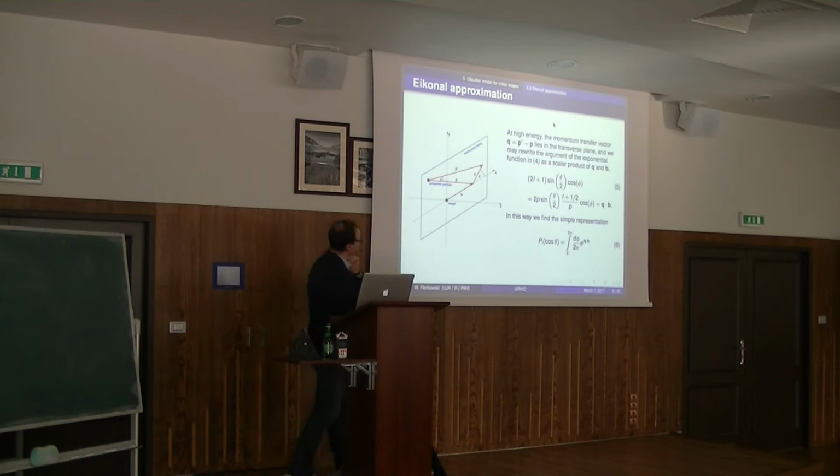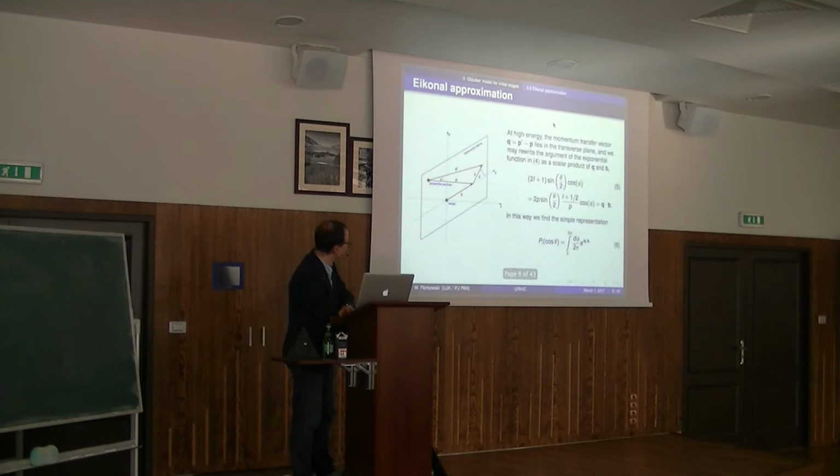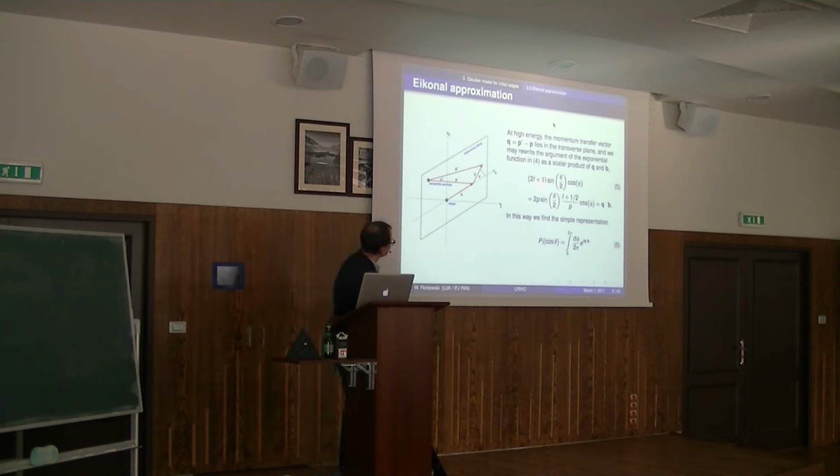And then this expression, which appears in this argument, can be written as Q dot B, because you divide by P and multiply by P, so L divided by P here is B.